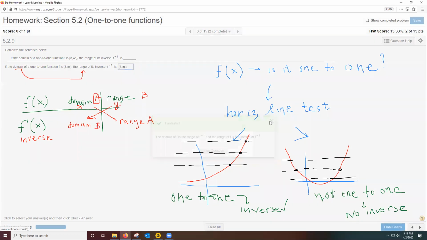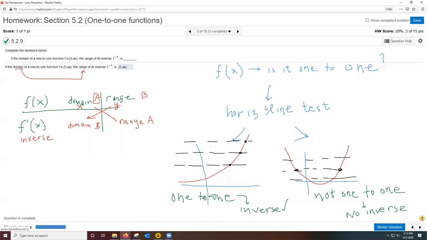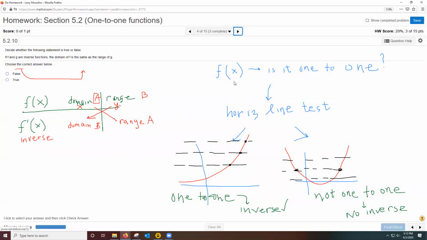All right, let's do a couple more. All right, let's take a look at this one. It says if f and g are inverse functions, the domain of f is the same as the range of g. Well, yeah, that makes sense because we just said, so what they're doing in this example is instead of calling it f and f inverse, by the way, I should have made this f inverse here.